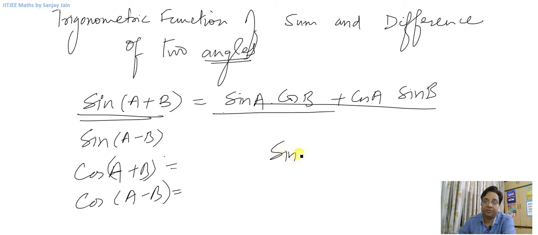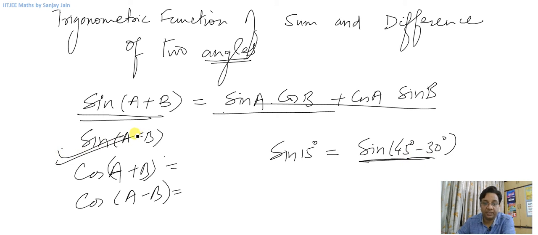Now these will simplify a lot of things. For example, if you need to find sine 15 degrees, you can write it like this, sine 45 minus 30, right? Then using this formula, you can find sine A cos B, cos A sin B, which are very easy because sine 45 is known, sine 30 you know very well, cos 45, cos 30 are easier to memorize.